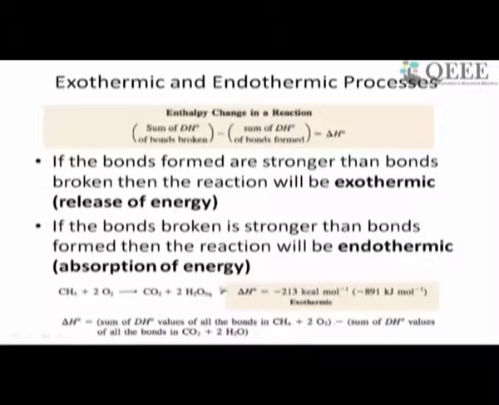Let's now consider this particular reaction where methane undergoes oxidation. You can also call this a combustion reaction, to give carbon dioxide and water. Suppose you take methane gas and mix it with oxygen gas, this reaction should go, because the delta H is minus 213 kilocalories. According to these bond energy differences, you can say that this reaction should go, because the CH bonds and oxygen bonds are relatively weaker bonds.